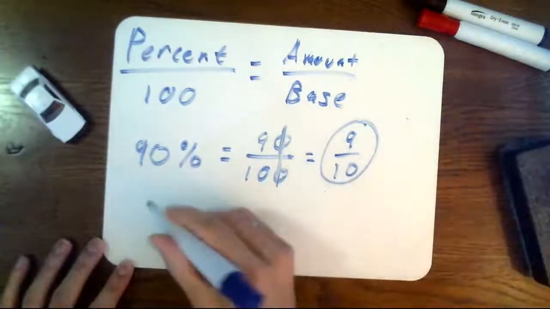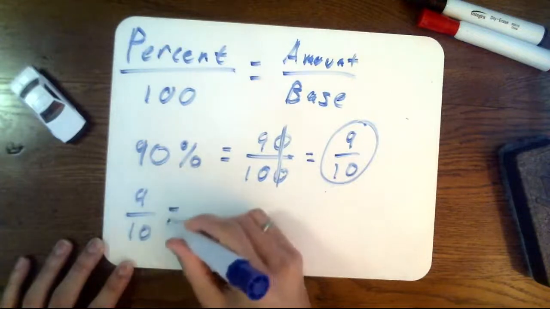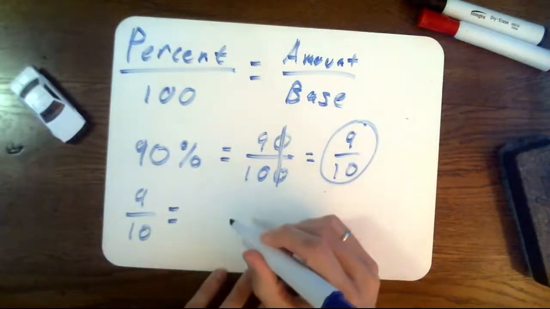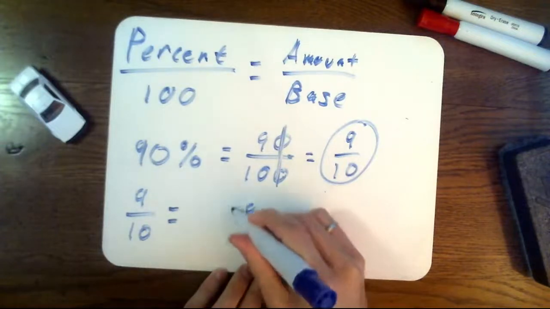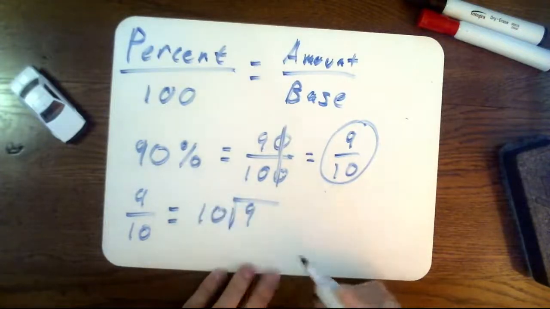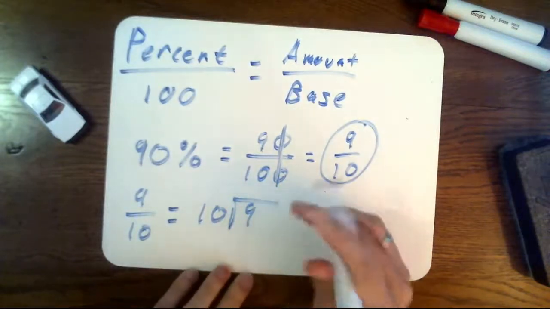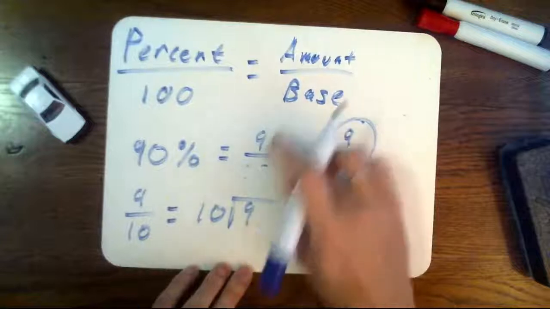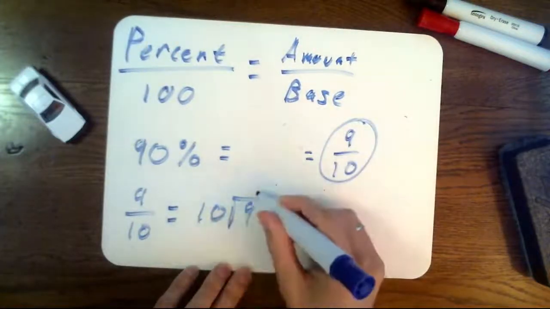So now switching from 9 out of 10 to a decimal means you're going to do 9 divided by 10. So how many times does 9 go into 10? Well, it can't.